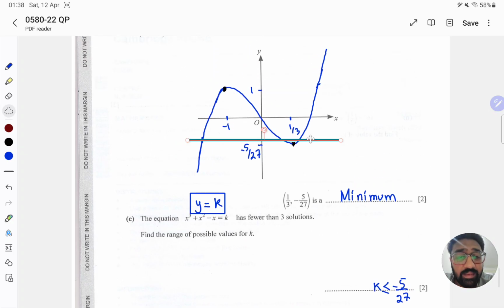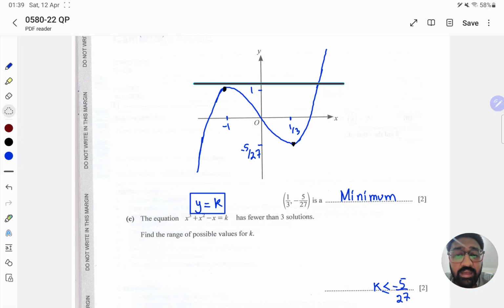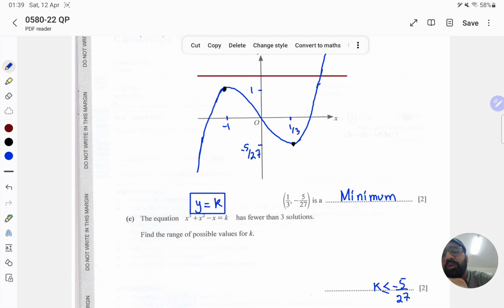Now let's see if there is any other possibility. There are 3 intersections here. Now right over here at the stationary point, again there are 2 points of intersection, and if I keep moving it above this value, it is going to again have just 2 intersections, which means there are going to be 2 solutions.